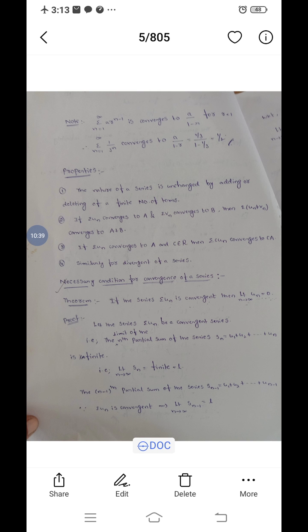Okay, so it means the limit of the nth partial sum is equal to some finite value. Let it be some limit n tends to infinity.